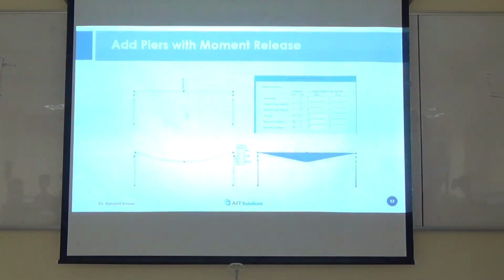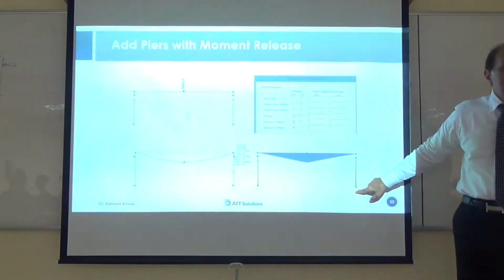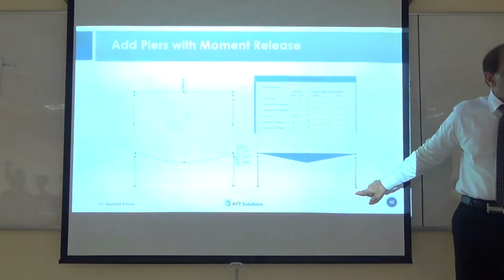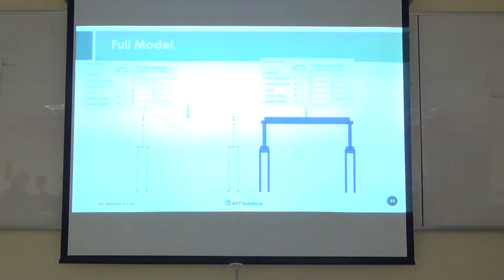Nothing in this world is fixed or pin or roller in reality, except a real physical steel roller that you might have seen in some bridges, but normally for real concrete bridges, there is nothing like fixed, pin or roller. It is always something in between. So we are trying to model the real bridge as much as possible. So this fixed support actually is not representing correctly the soil conditions and foundation. So that's why we decided to go on and make it a complete bridge.